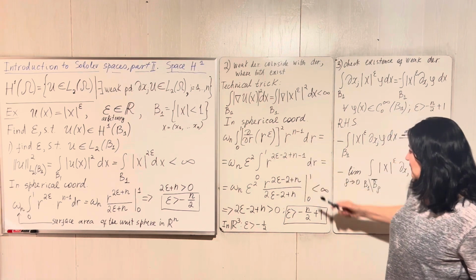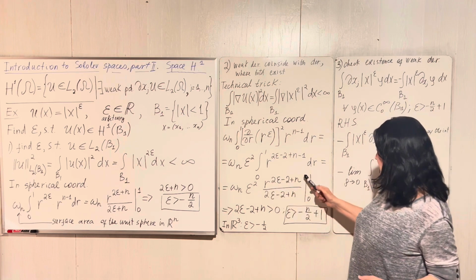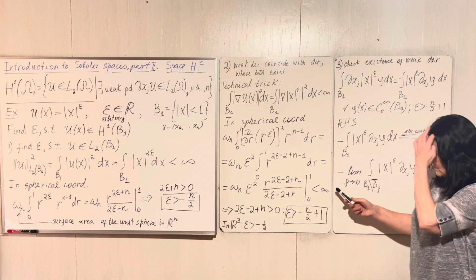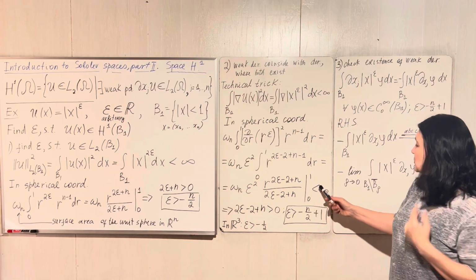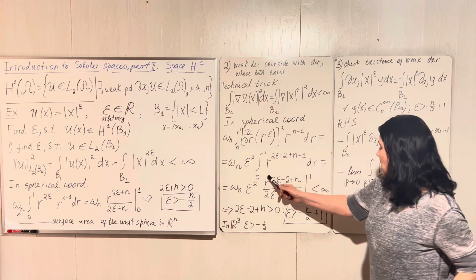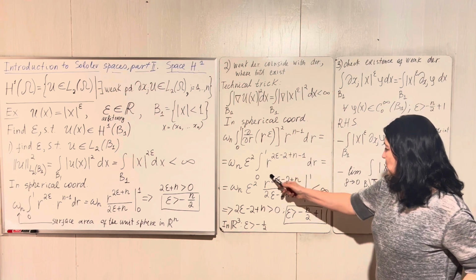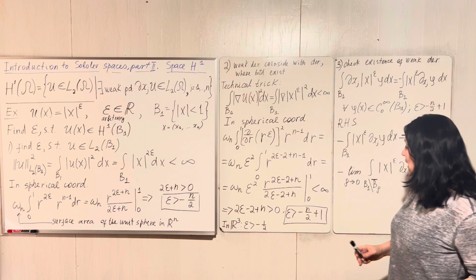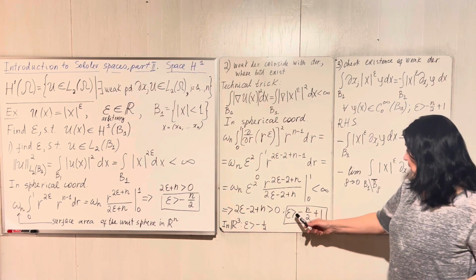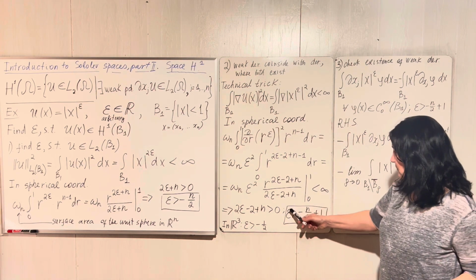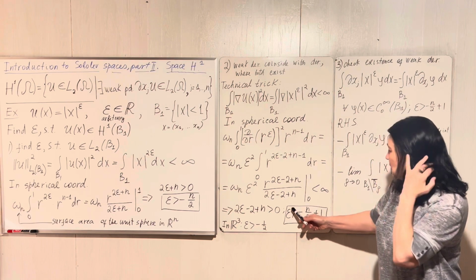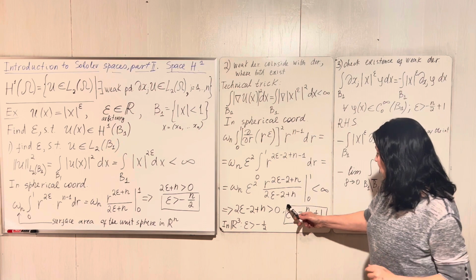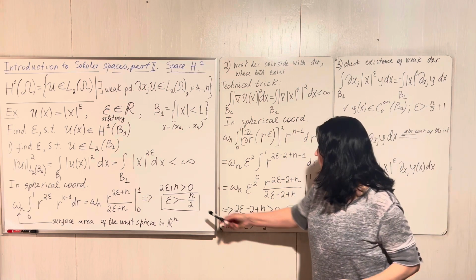When we integrate this, we will get this expression that must converge. So from here we conclude that 2 epsilon minus 2 plus n must be positive, and from here we get some correction to our inequality.